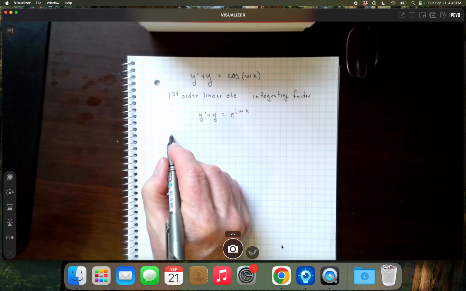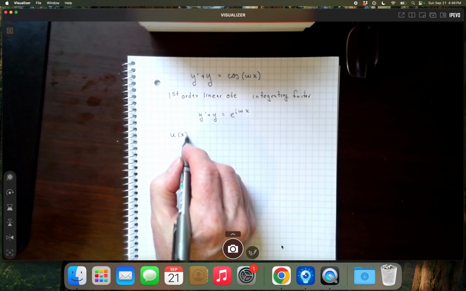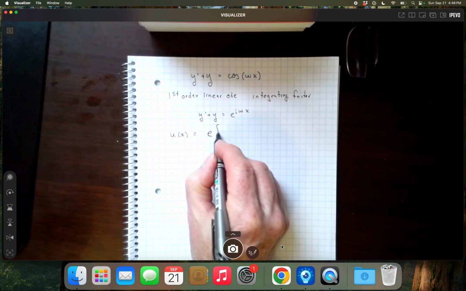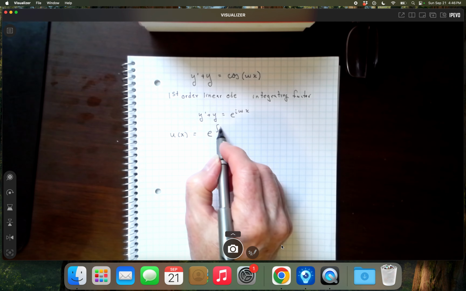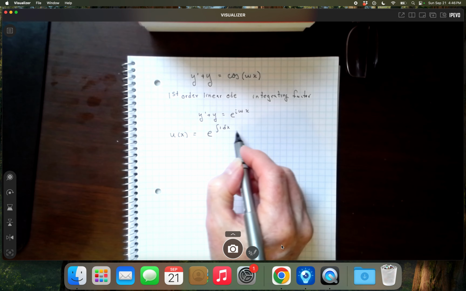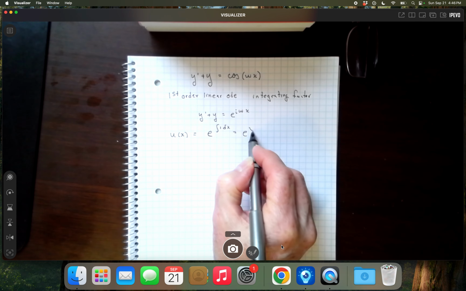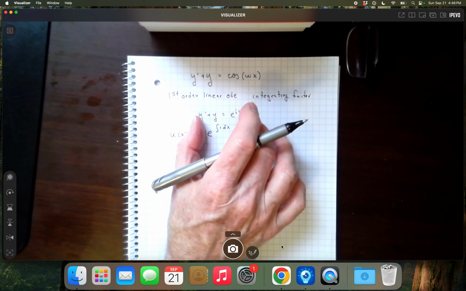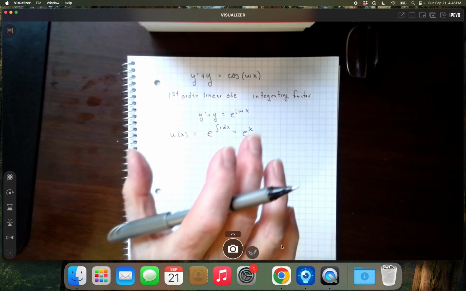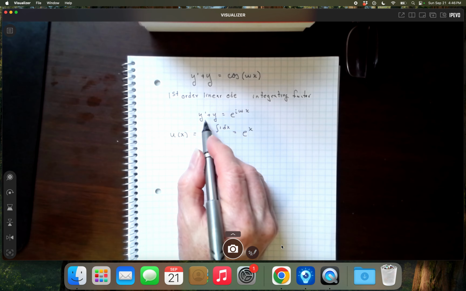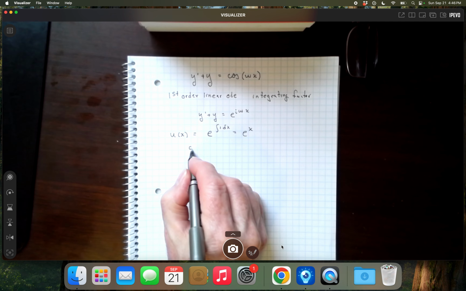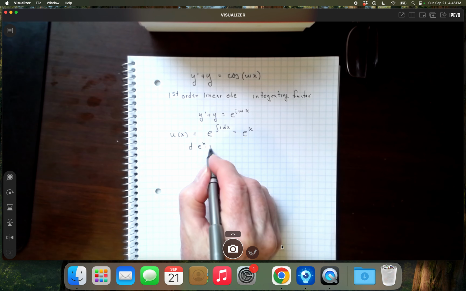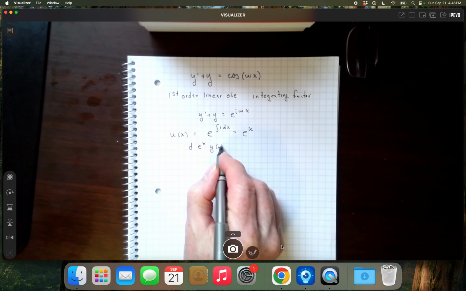Now, our integrating factor is u of x. You might recall that is found by taking e raised to the integral of the coefficient here, which is 1 dx. That's equal to e to the x. That's our integrating factor for this problem. We multiply both sides by that. And what happens when you do that, the left side will become the derivative of the product of your integrating factor times your unknown function, y of x.